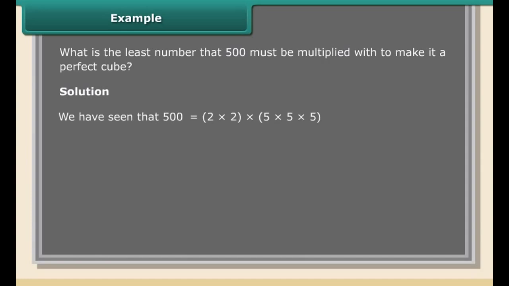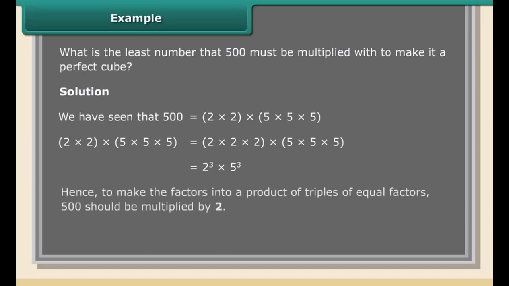We have seen that 500 is equal to 2 into 2 into 5 into 5 into 5, which is equal to 2 into 2 into 2 into 5 into 5 into 5, which is equal to 2 cube into 5 cube. Hence, to make the factors into a product of triples of equal factors, 500 should be multiplied by 2.